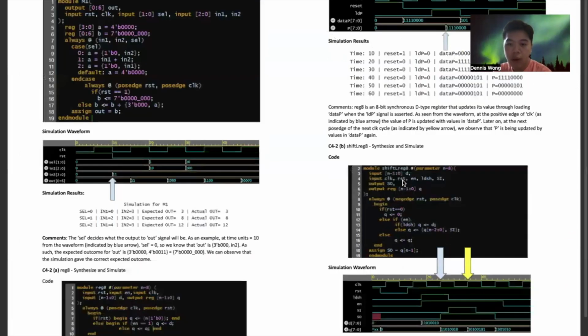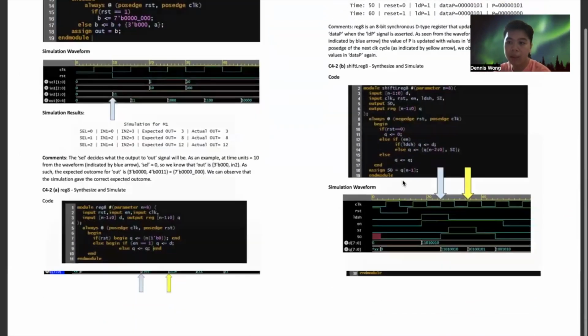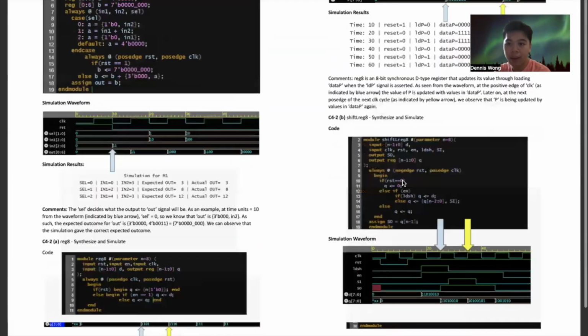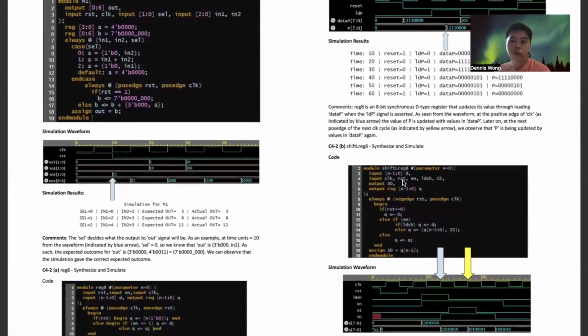Shift L register 8 is a register very similar to the previous register 8, but it also has another feature, which is the shift left. Another control signal it has is called LDSH. So when the control signal enable is asserted, it checks if LDSH is asserted as well.